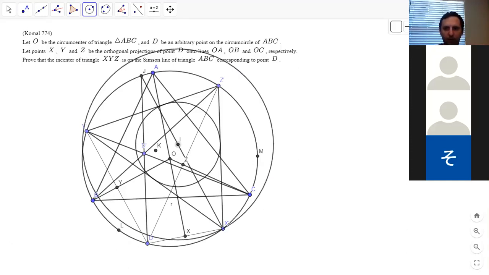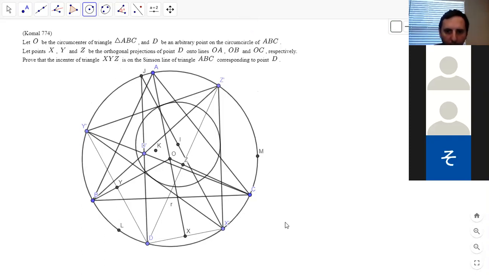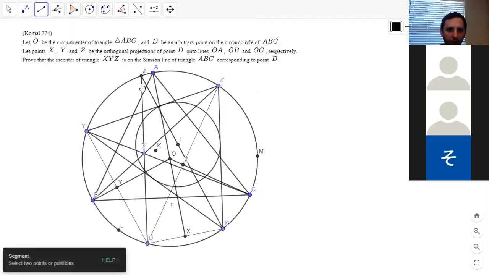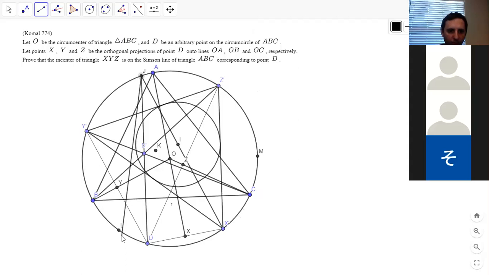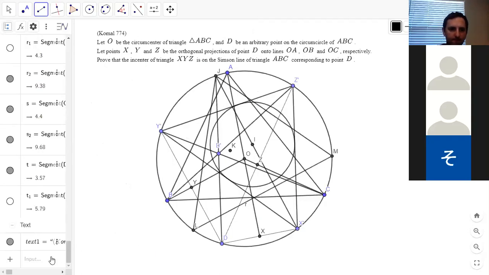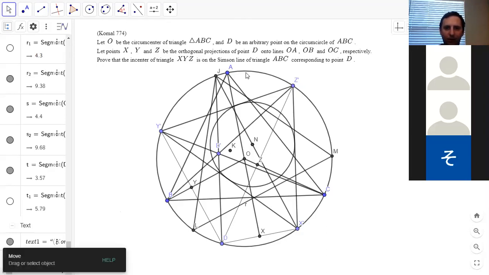The orthocenter of JLM. Yeah. I think it is I. It looks like I equals the orthocenter of JLM.